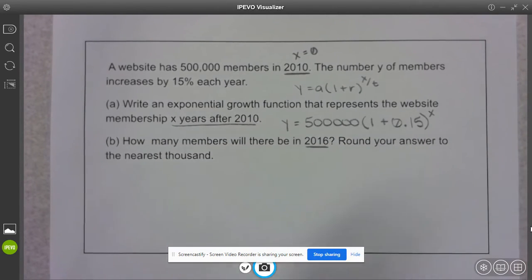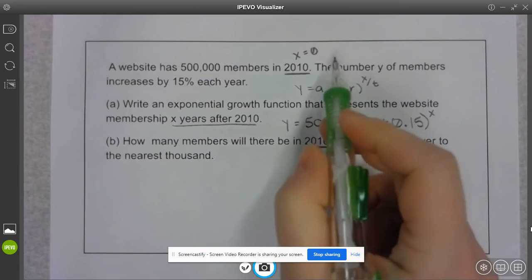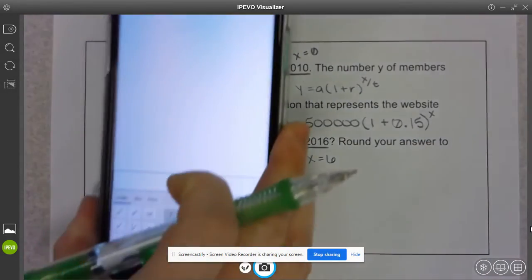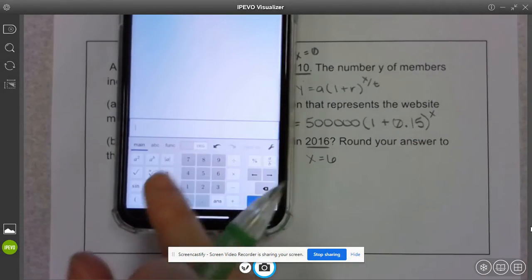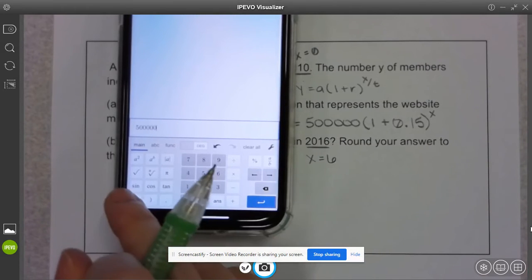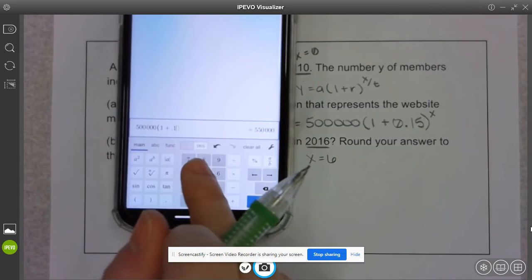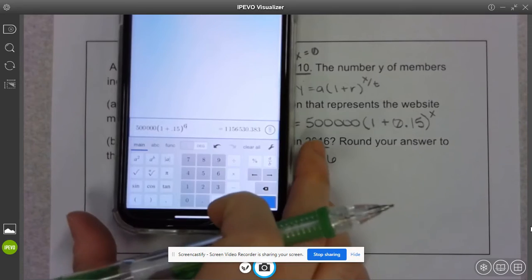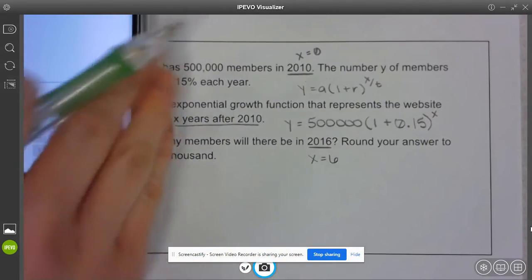Now they want us to figure out what's going on in 2016. Well, this would be x being equal to 6 because it's 6 years past 2010. So I'm going to take this formula and substitute 6 in for the exponent: 1 plus 0.15 to the power of 6. And again, it says round to the nearest 1,000.